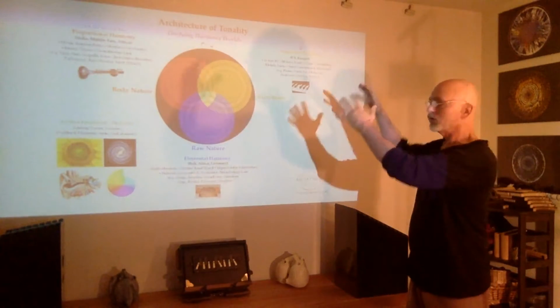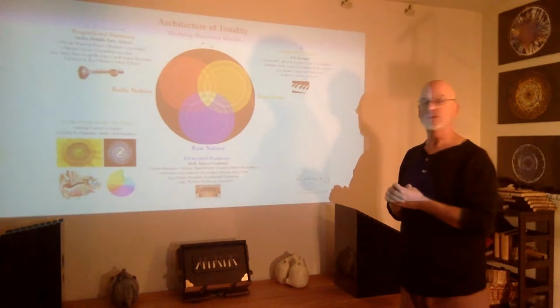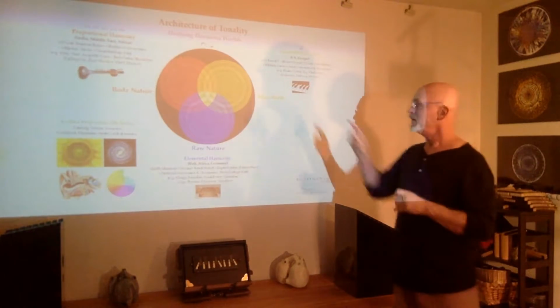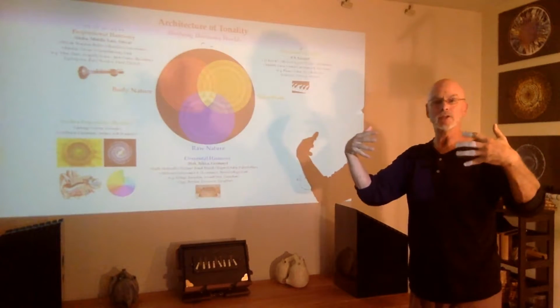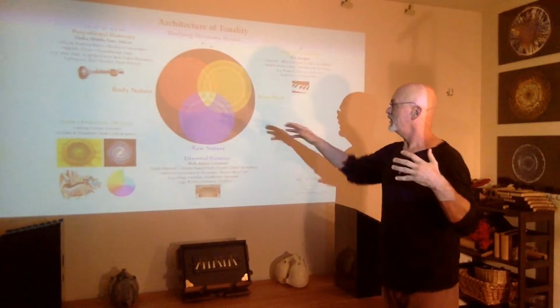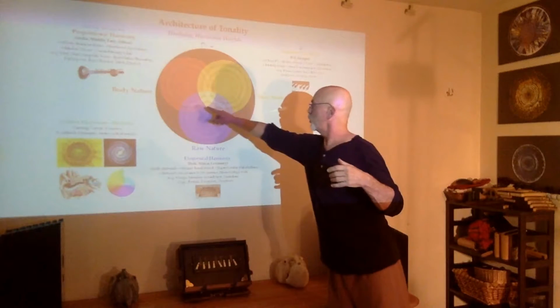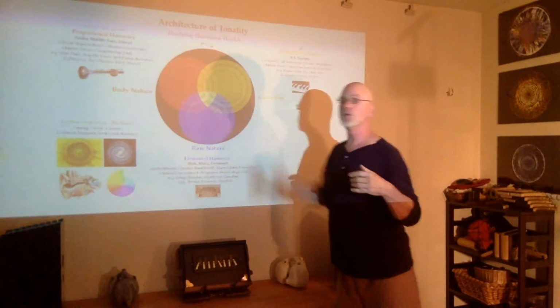And so when we put this all together in one whole, we start to realize these three circles touch each other. They connect to each other, and we can work in these areas here, the purple and the green and the light blue.